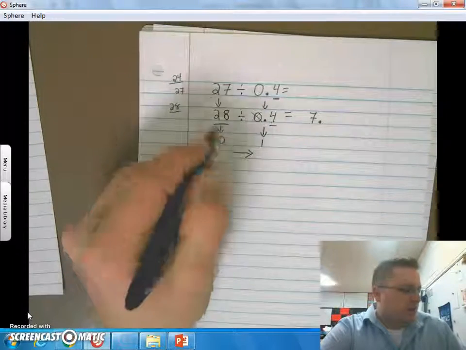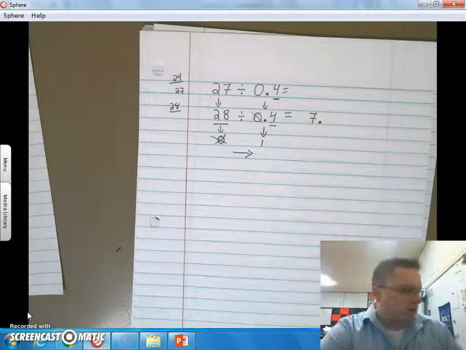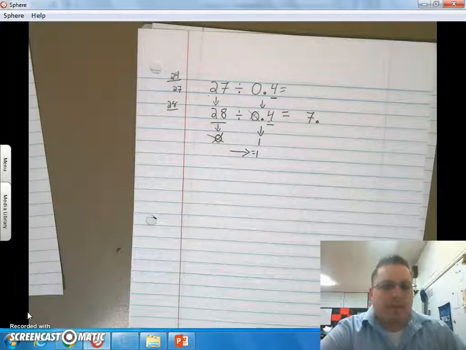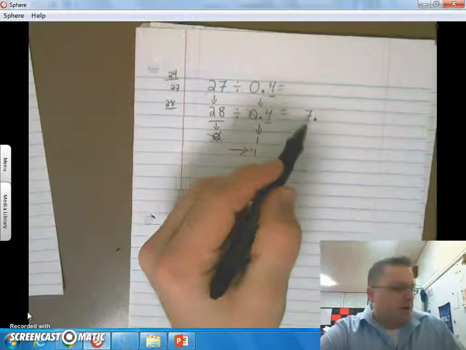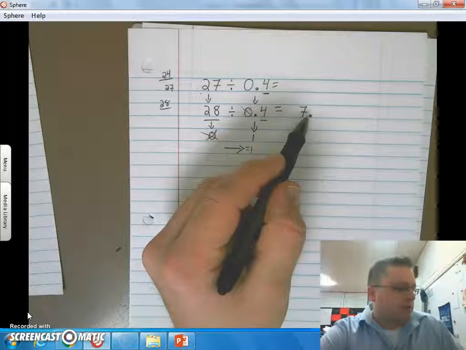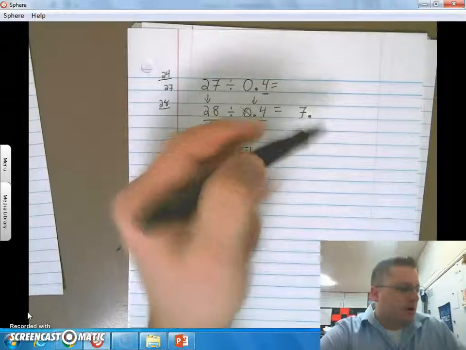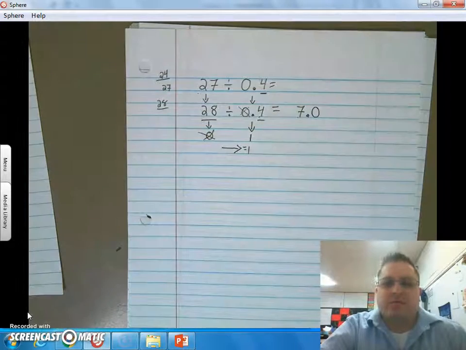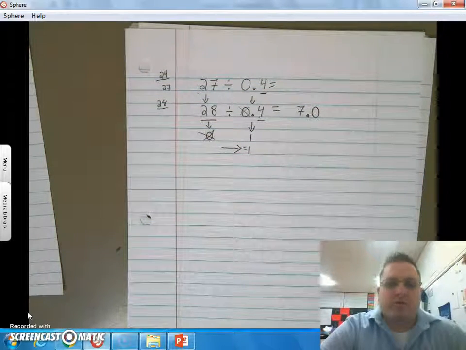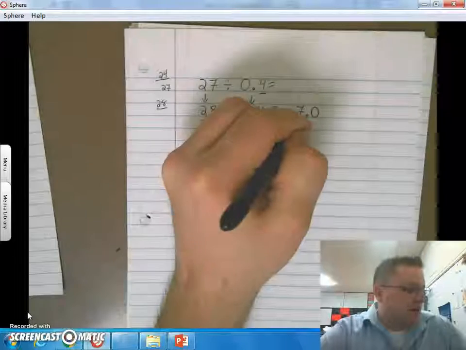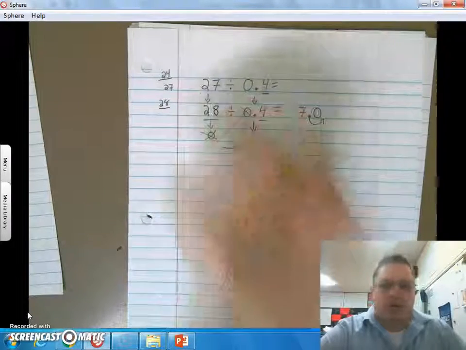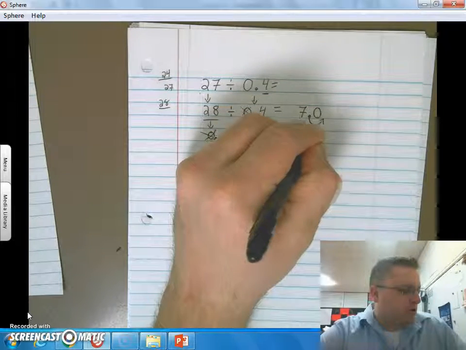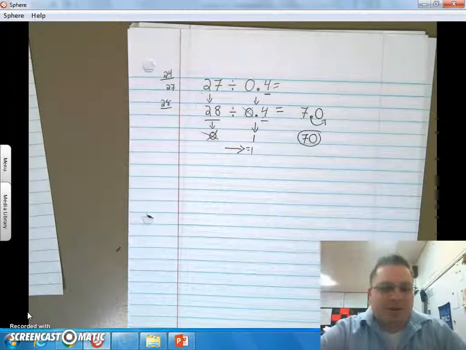And because there wasn't anything here, we don't even have to worry about it. We just go right 1 time. So I look at my quotient as 7 decimal, and I have to jump to the right. Well, I'm going to annex a 0. Annexing a 0 means adding a 0 in the place value to jump it, and show my jump. My decimal goes after my 0. So our new number is 70.